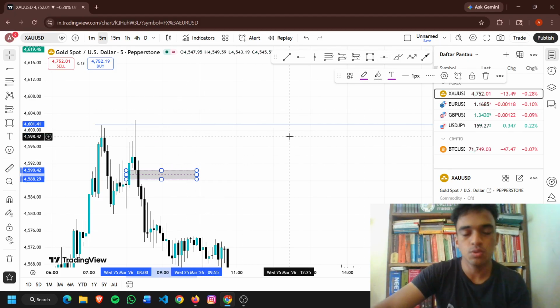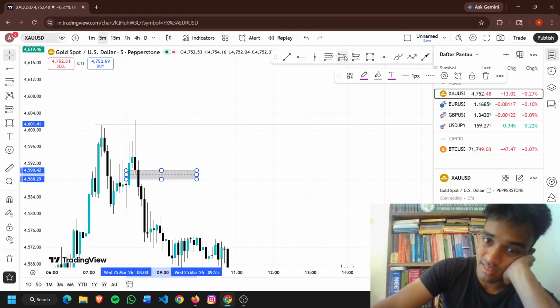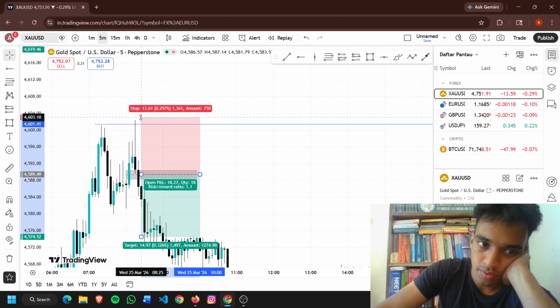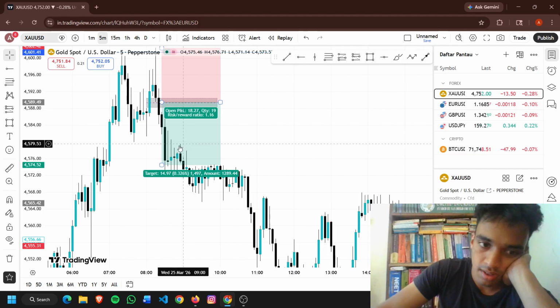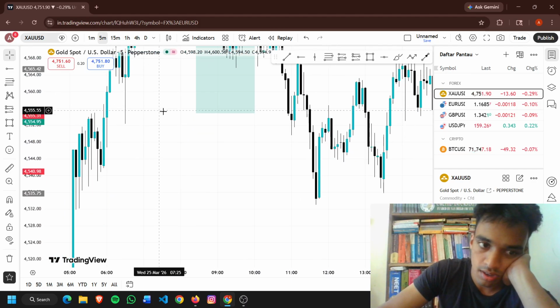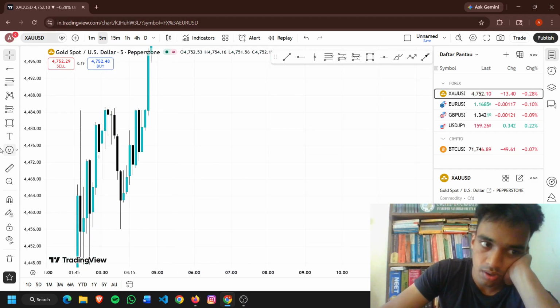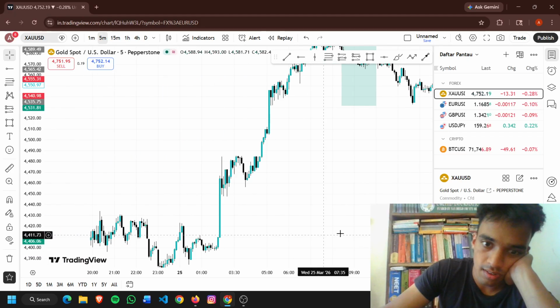But see, this is what I was telling. Not a single strategy is 100% winning. So you could have kept it over here and then targeted over this low, or this is too far out. I don't know if they actually got hit.